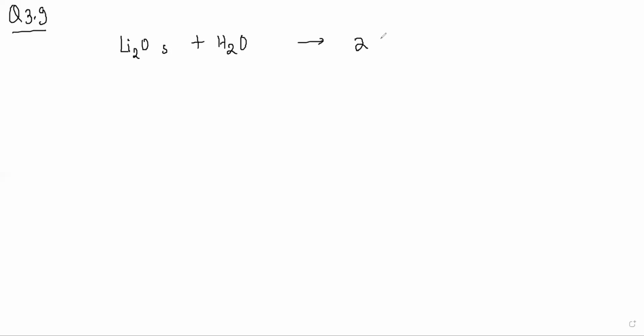And you have how much water that has to be removed? 80 kg. And you have 65 kgs of lithium oxide. Now you have to decide which one is the limiting reactant here and how much of the excess will be left over.